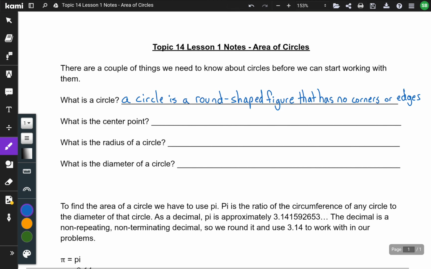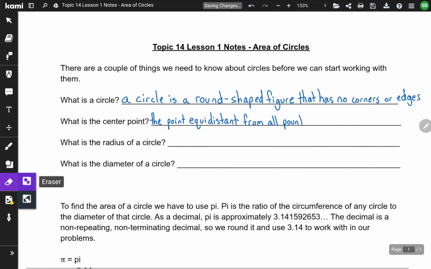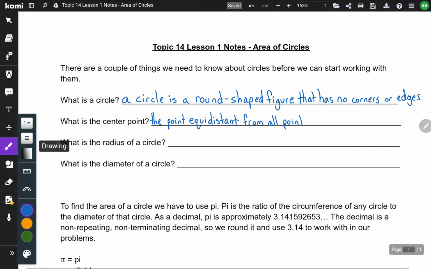Now, the center point, pretty straight up in the definition here, is the center of the circle, right? The center point is the point equidistant, and all equidistant means is that it is an equal distance from all points on a circle.